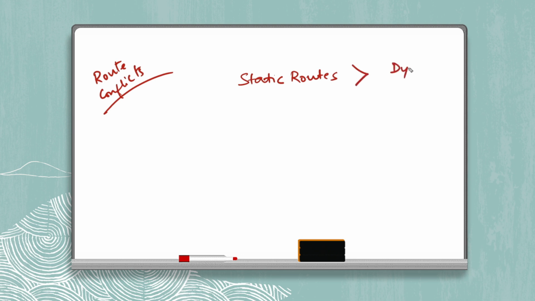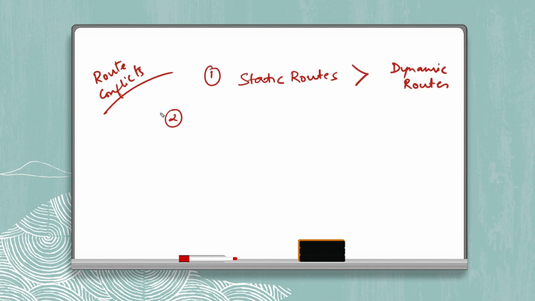Now, the final thing that I am going to discuss is with respect to route conflicts. Remember that static routes always have a higher preference than dynamic routes. So that is your rule number 1.